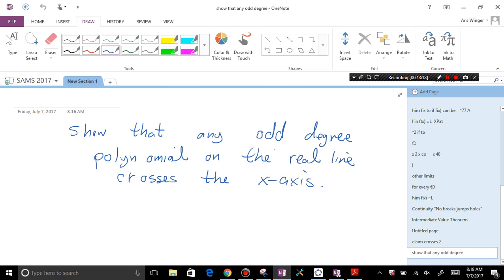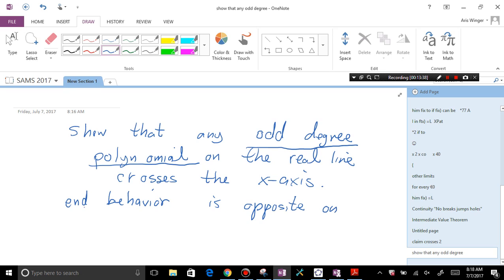So an odd degree polynomial has end behavior that is opposite on the real line. And this is pre-calculus. What is glorious about you all, amongst the many things I could go on for days about, is that you all come from all sorts of different places.